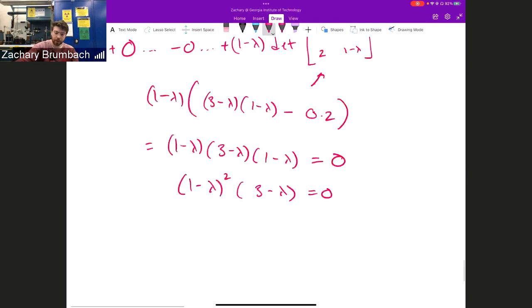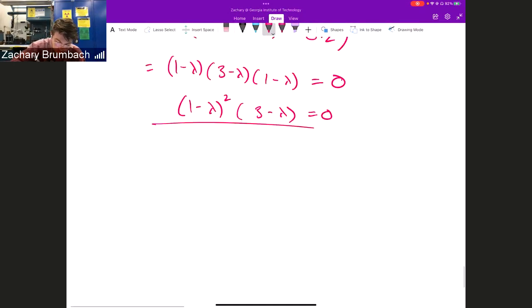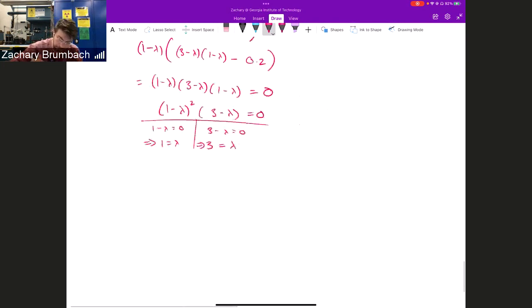All right. So now our eigenvalues are the zeros of this, okay? So when we go back to algebra, we have 1 minus lambda equals 0. Obviously, that's 1 equals lambda. And we have 3 minus lambda equals 0, which is the same thing as 3 equals lambda, okay?